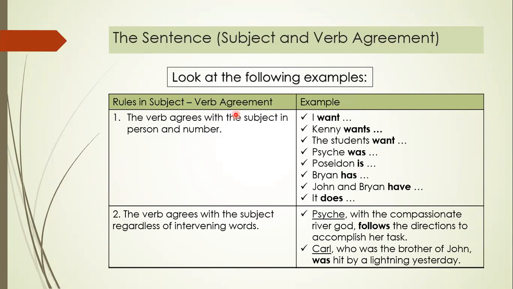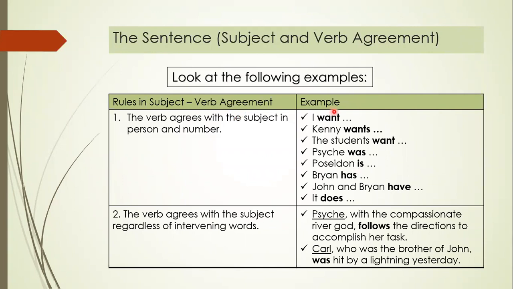When it is a singular subject, you need to have a verb with s at the end for action verbs. Now for plural subjects, you don't need to have an s for the action verb. Just leave the verb as it is, or just use the base form of the verb.